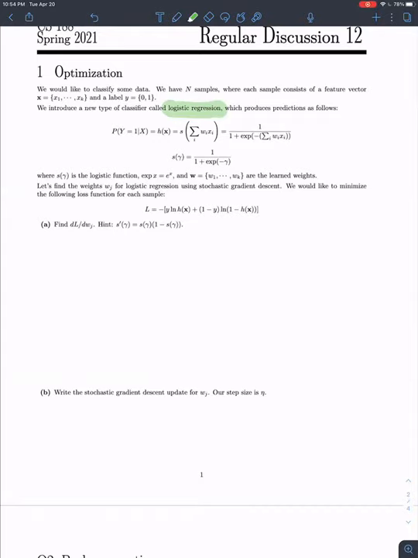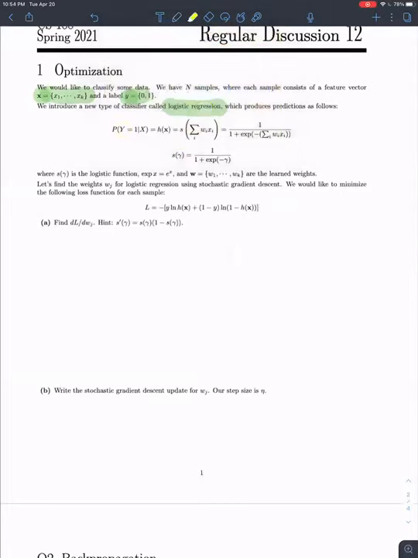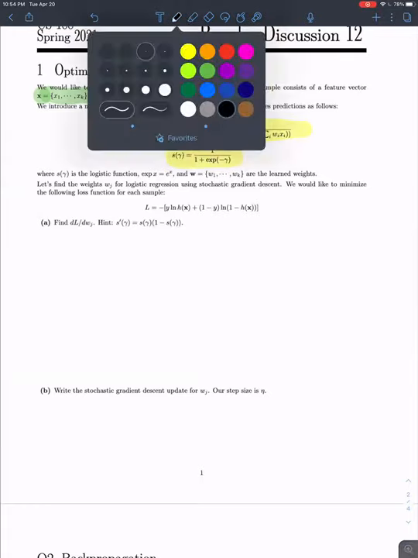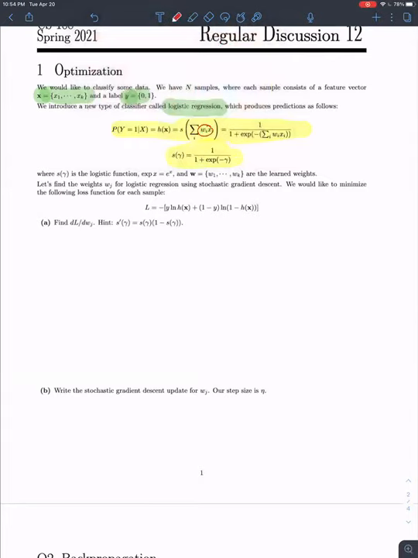We have samples. Each sample is one of these feature vectors and a label. This is basically what I said earlier: you have this logistic function, and you take your x's, take the dot product with these weights wi, and then put that into the logistic function.